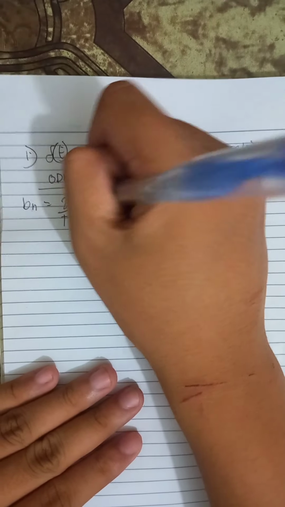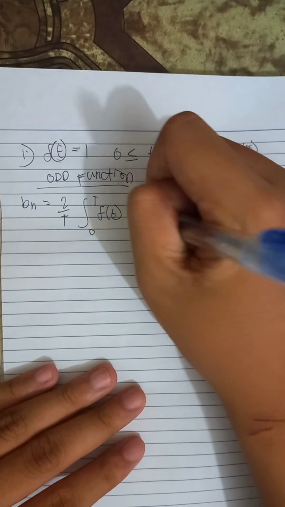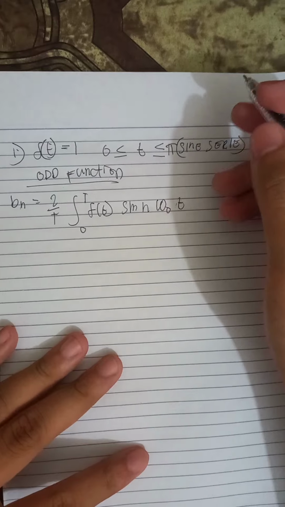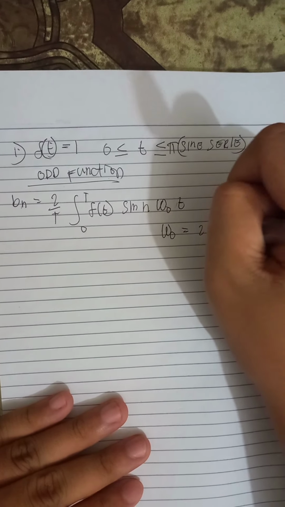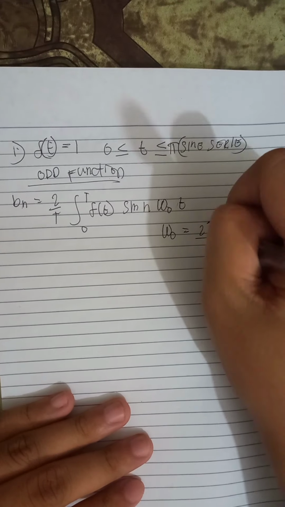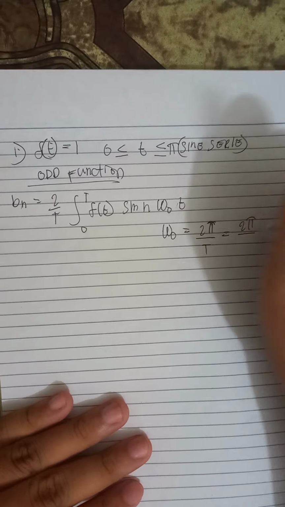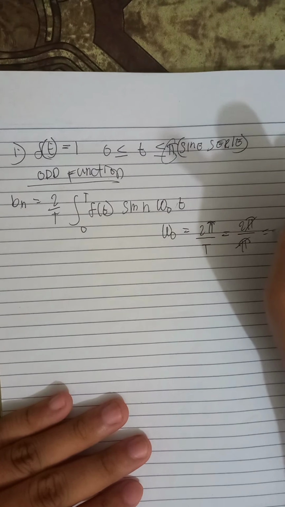For the sine series, we have an odd function, so we use bn = 2/T integral of f(t) sin(n ω0 t) over the limit of 0 to T. Here ω0 = 2π/T.